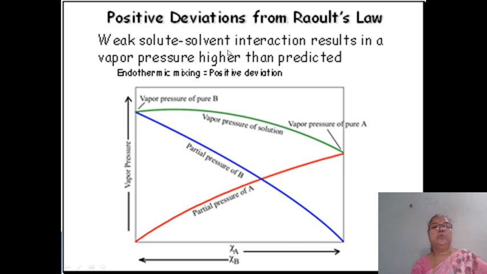A weak solute-solvent interaction results in a vapor pressure higher than the predicted one, and here the endothermic mixing is equal to positive deviation. Here these curved lines are above the ideal straight line, and such type of deviation is termed positive deviation. In detail we will see later on.